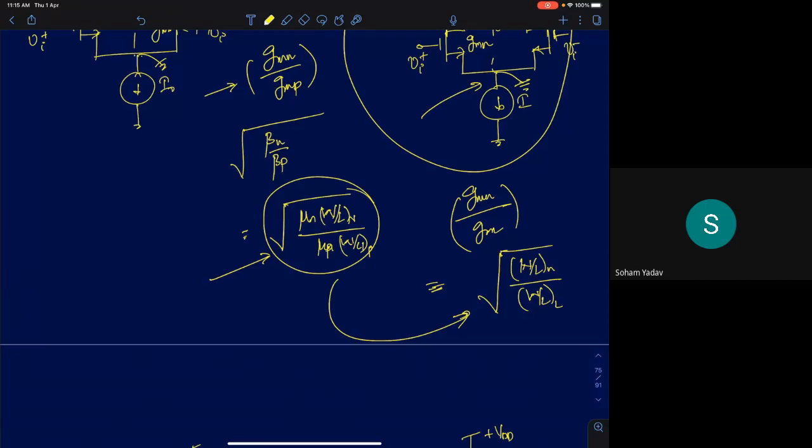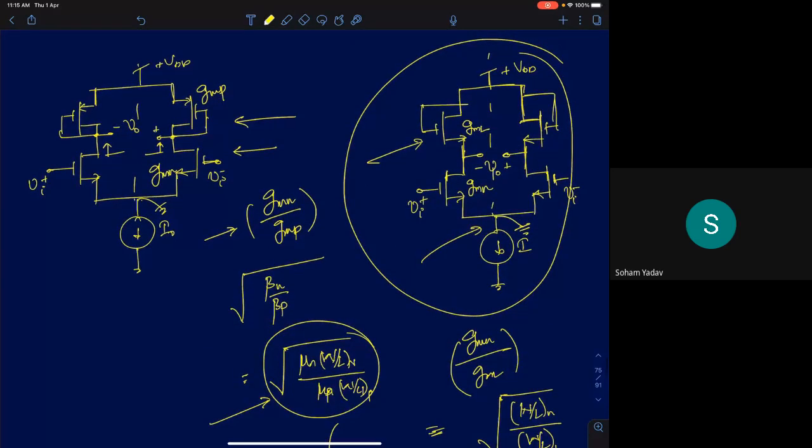If I assume the length to be the same for both the devices, then the gain will simply be the ratio of the widths of both the MOSFETs. So that's one additional advantage of this circuit. The gain, we said, is independent of the bias current. So even if the bias current changes a bit in both these circuits, your gains will remain more or less constant.